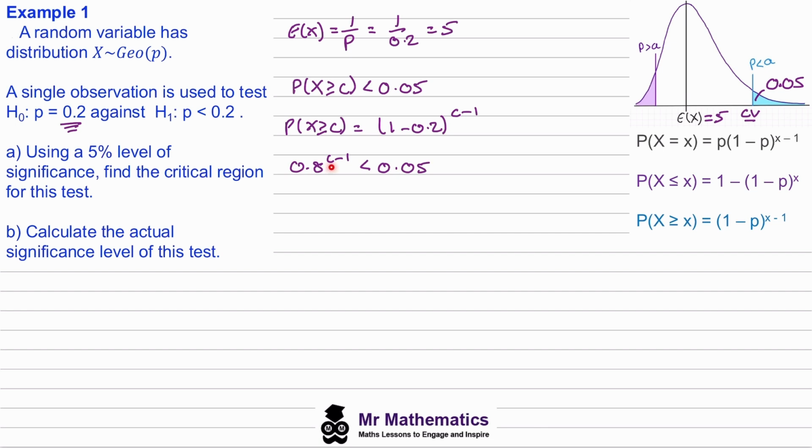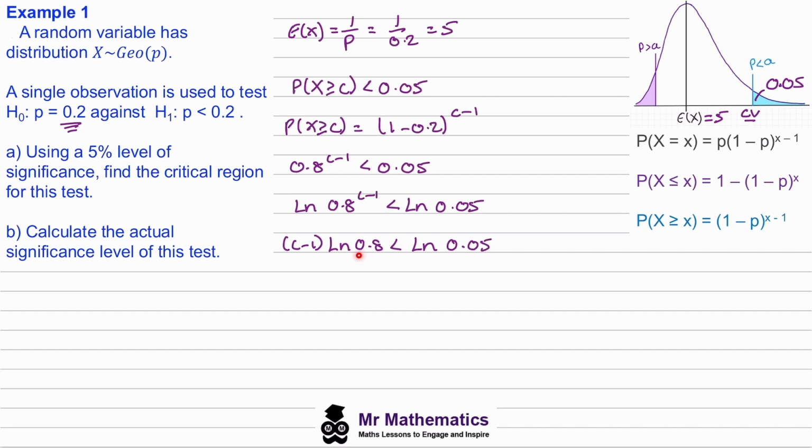And then to find c, we can take the natural log of both sides. So c minus 1 in the power, the natural log of 0.8 to the power of c minus 1 must be less than the natural log of 0.05. And then using the power rule, we can bring this power down in front. So c minus 1 times the natural log of 0.8 must be less than the natural log of 0.05.